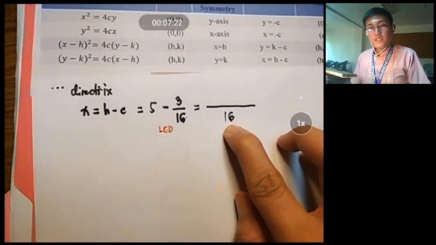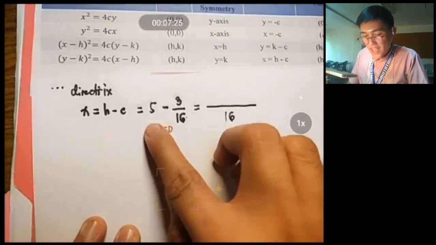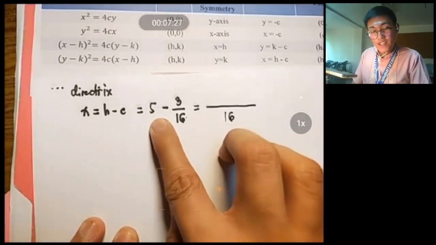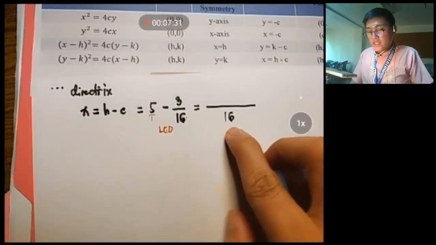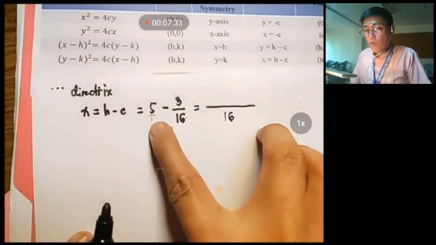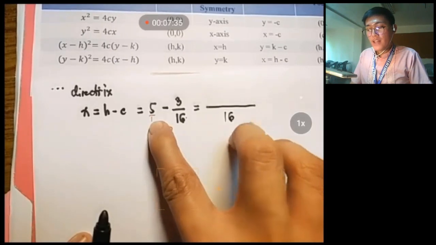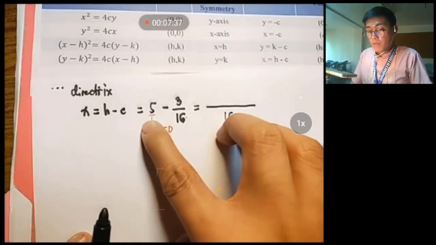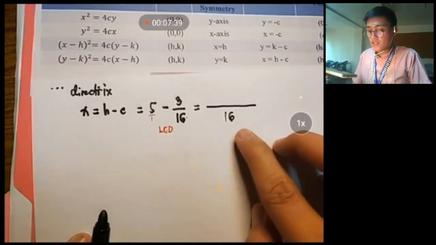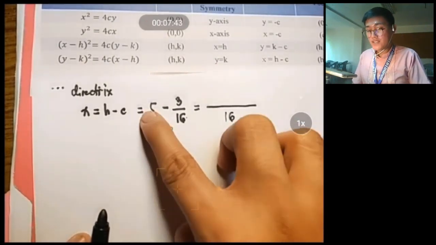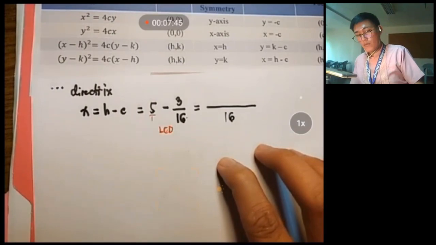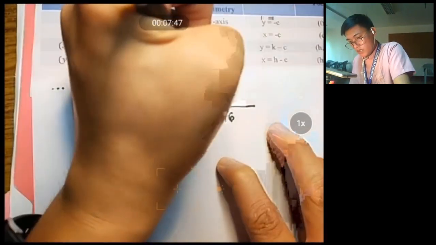Now, this 16 will go to 5. We all know that the denominator of 5 is 1. That would be 16 divided by 1, and the quotient will be multiplied by 5. Alright, let's go. 16 divided by 1 is 16. 16 times 5 is what?